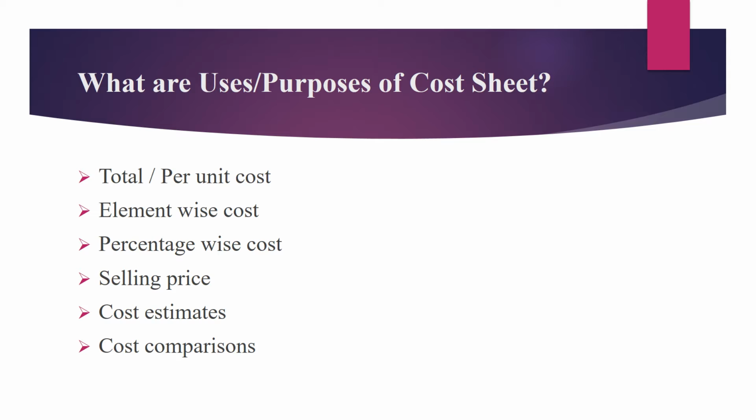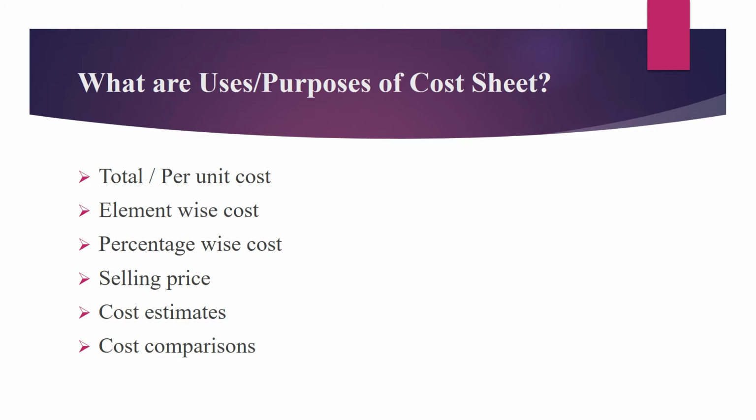Then the second purpose is element wise cost. We identify element wise cost, means the cost incurred in each element is identified in cost sheet. The next purpose is percentage wise cost.